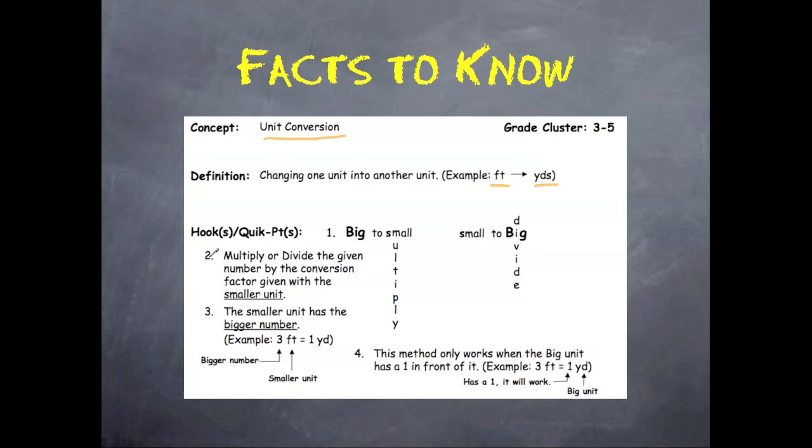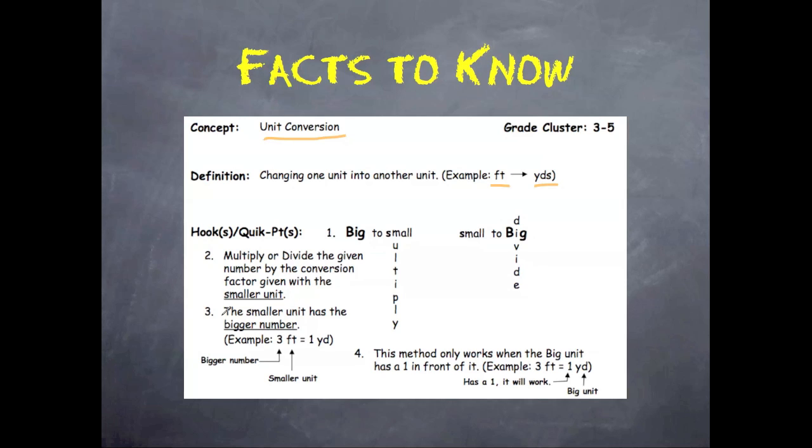So, point 2 tells us how we're supposed to choose our conversion factor. So we multiply or divide the given number by the conversion factor given with the smaller unit. Okay, so that means that the conversion factor we use is whatever number is used for the smaller unit.